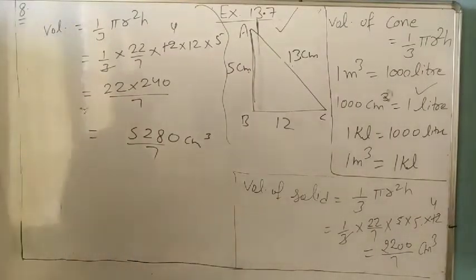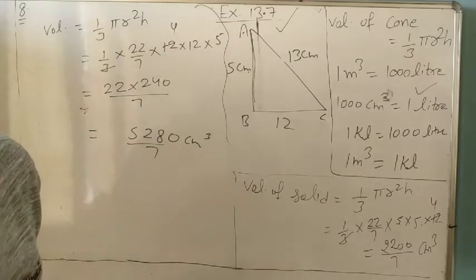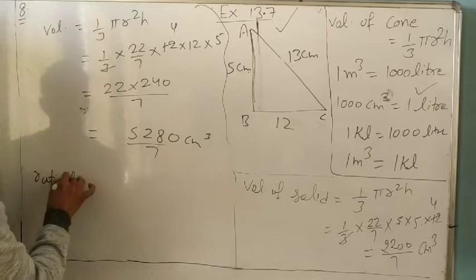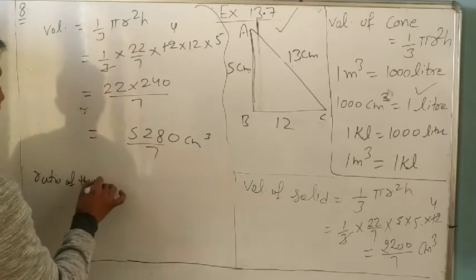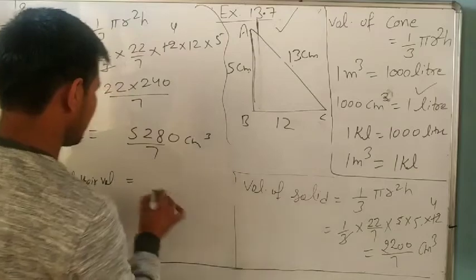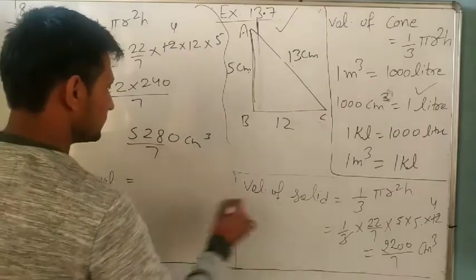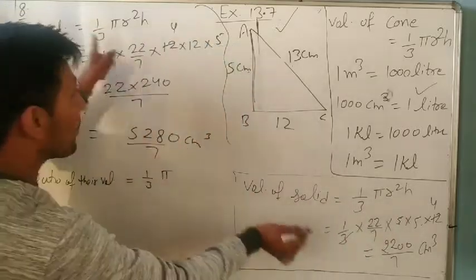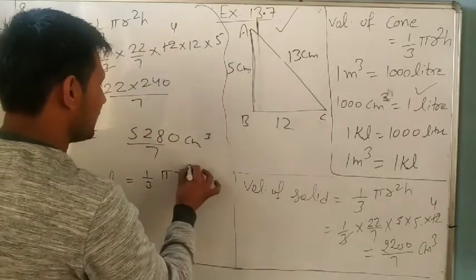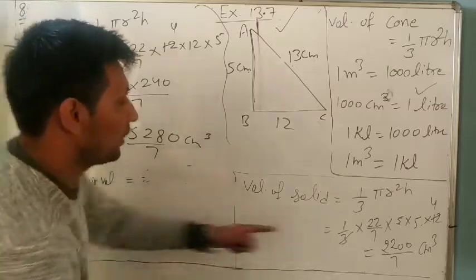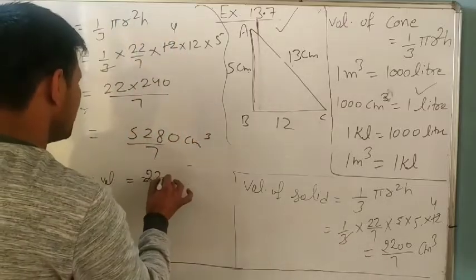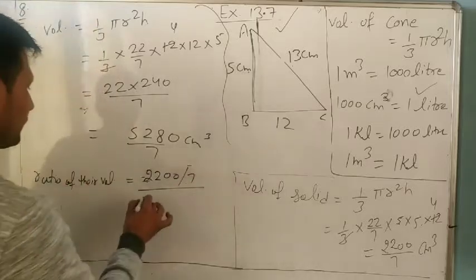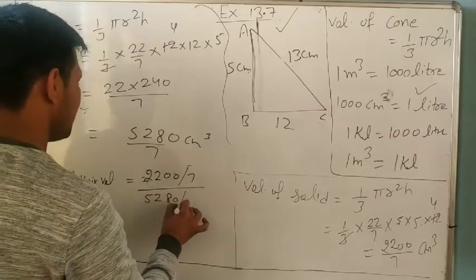Find the ratio of the volumes of the two solids. So in question number 2, how will you find the ratio? So the ratio of their volumes. First you can take this one, 1 by 3 pi. The radius in both is different, so 1 by 3 pi r1 square. Otherwise, what is the volume of this one? 5280 divided by 7.